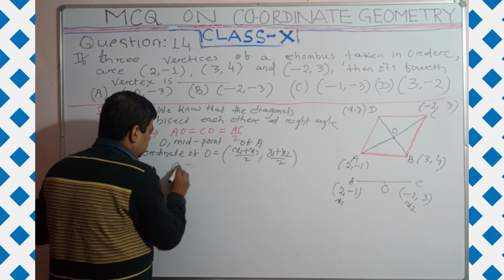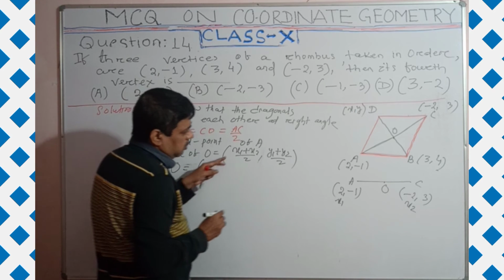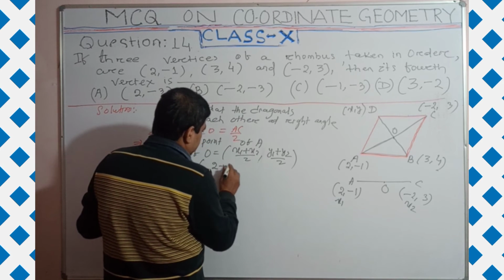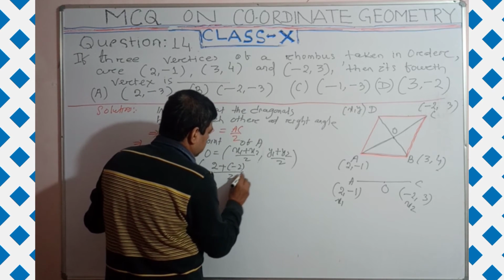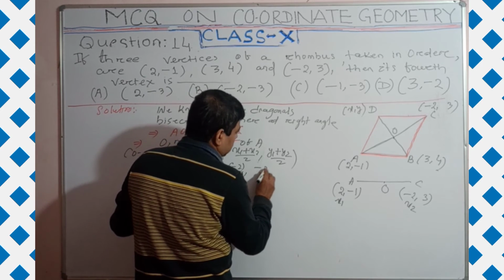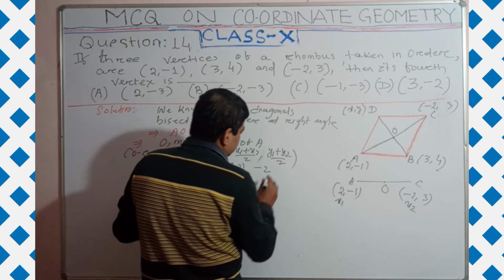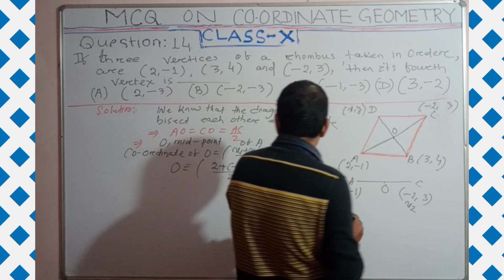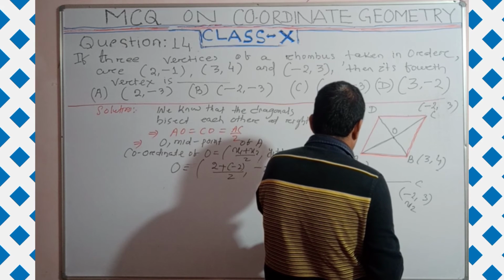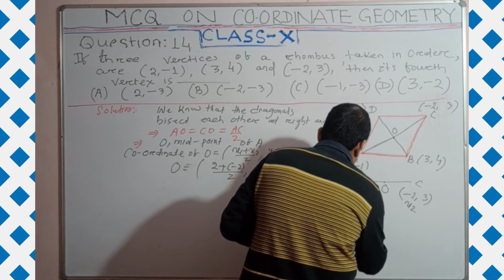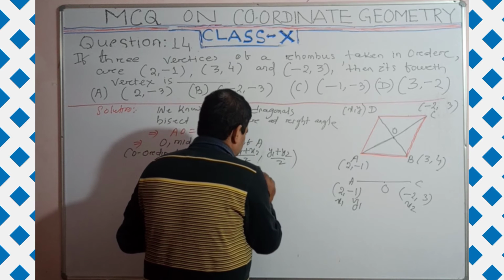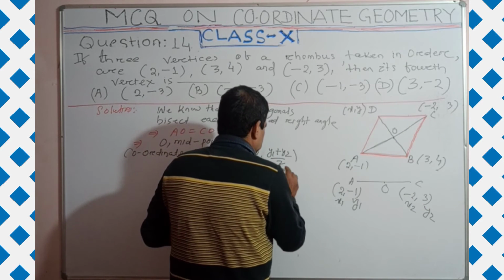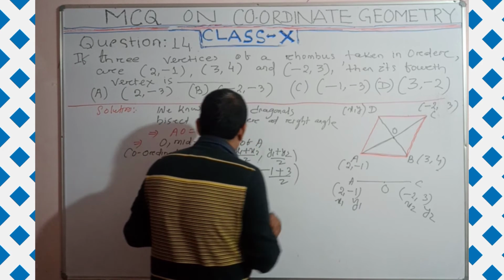The coordinate of O is: x1 is 2 and x2 is minus 2, y1 is minus 1 and y2 is 3, divided by 2. Understand?